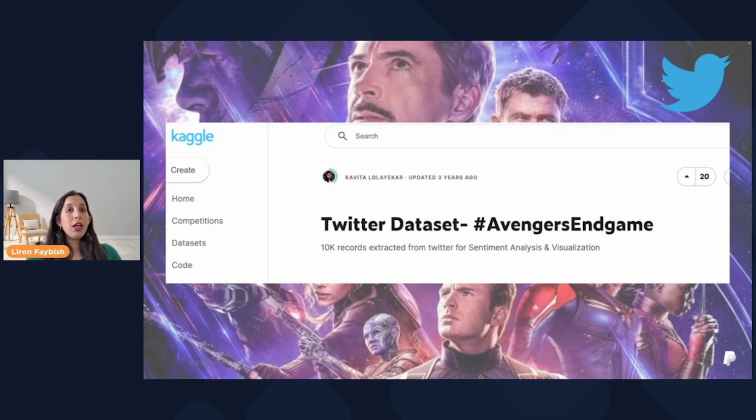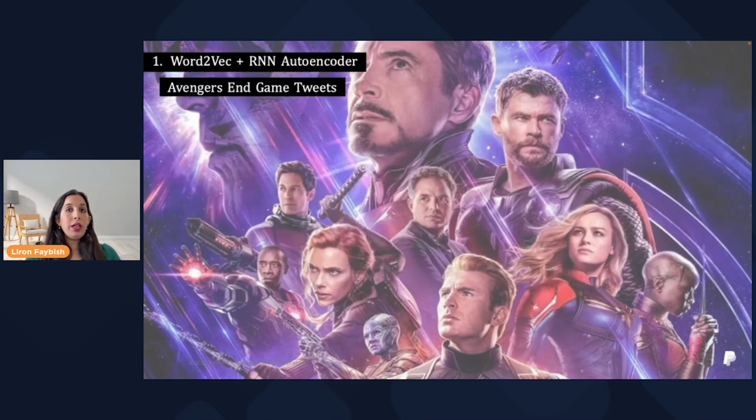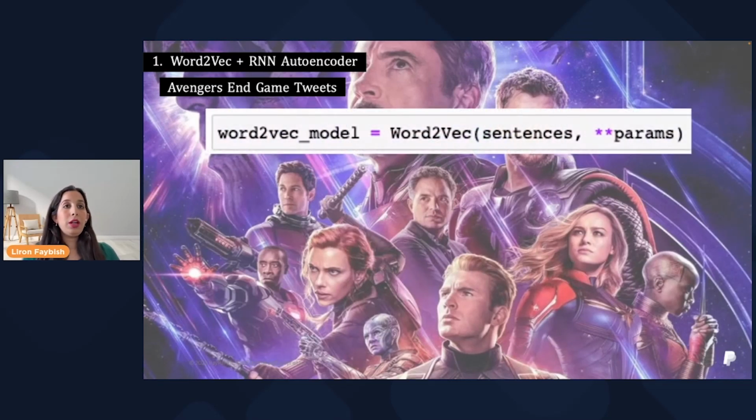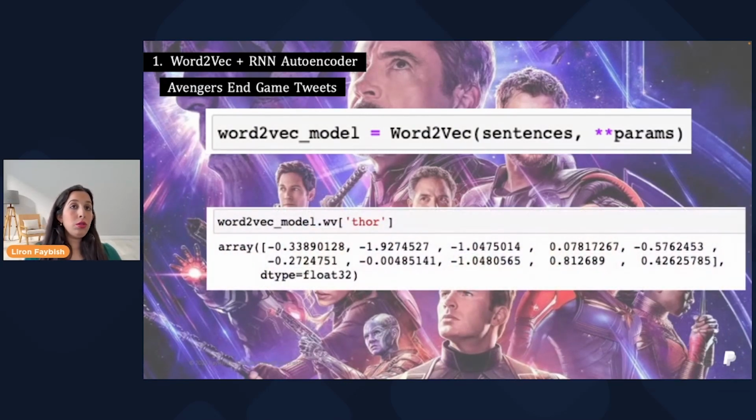In the first scenario we used word-to-vec and RNN autoencoder. We split the sentences into train and test sets, and we trained a word-to-vec model on the train set. In the word-to-vec space, each word in the dataset is represented by a vector. For example, the word Thor is represented as the following vector with 10 values.